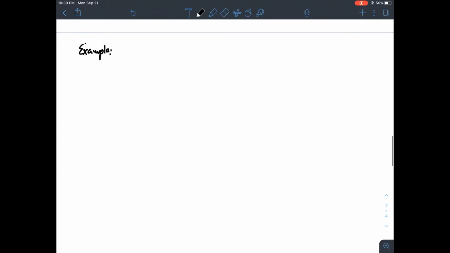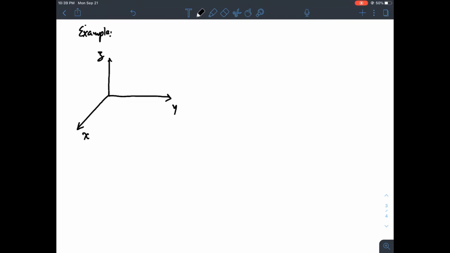Okay, so let us consider a surface, which is XYZ here, and we say that this XY plane is an infinite uniform plane, and we assume there is a uniform surface current moving along the x direction.